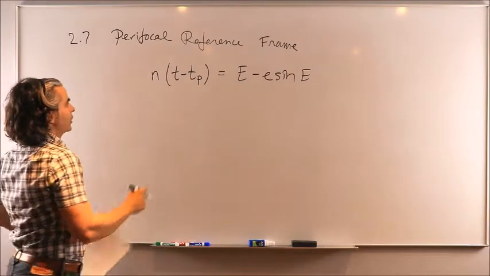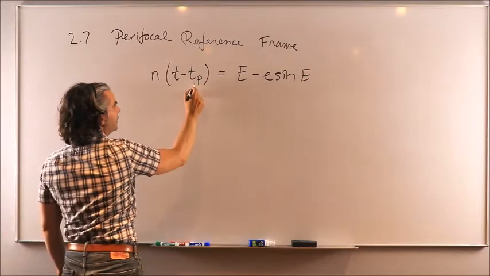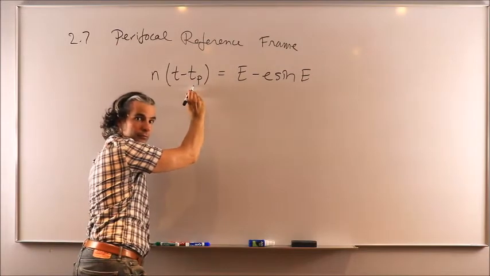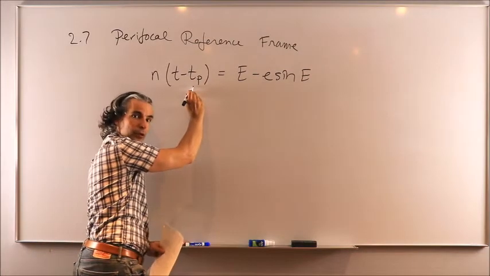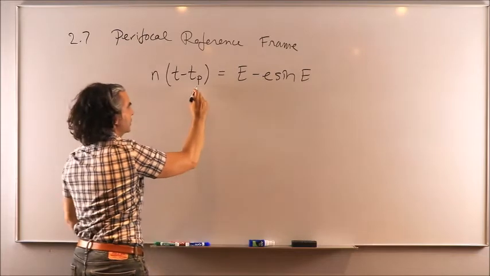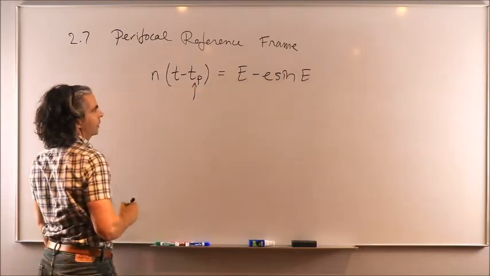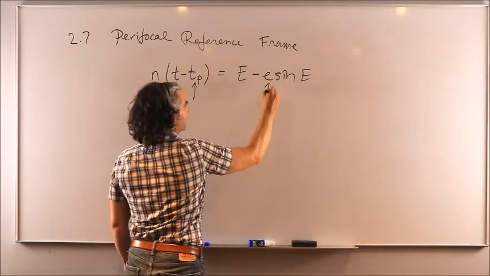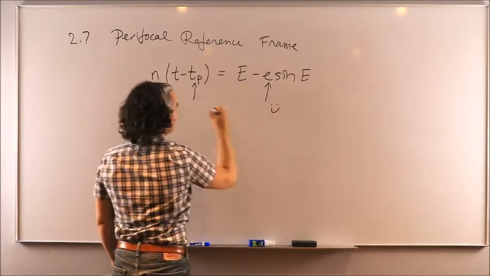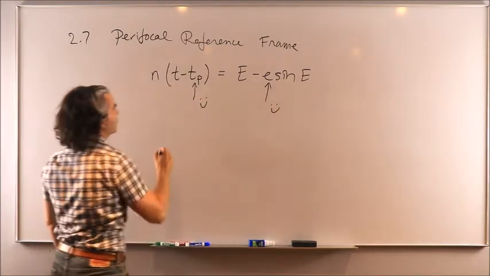Okay, so TP is given to you because you go from the 6 orbital elements to R and V. It's one of the 6 orbital elements. Eccentricity is given to you. That makes you happy.